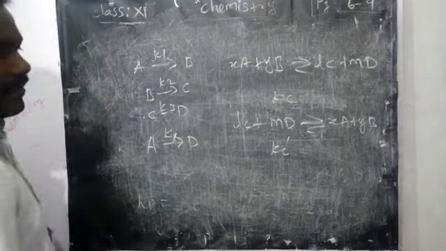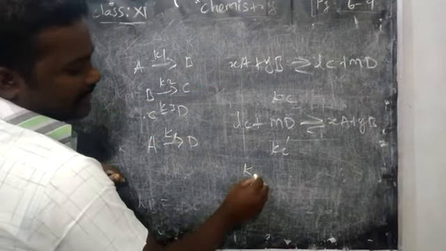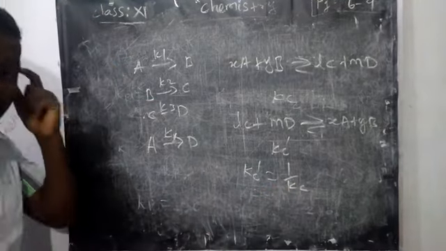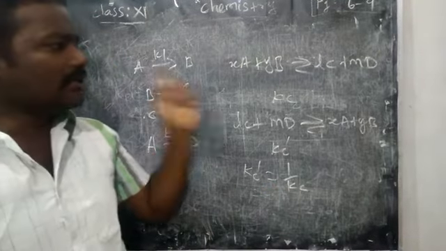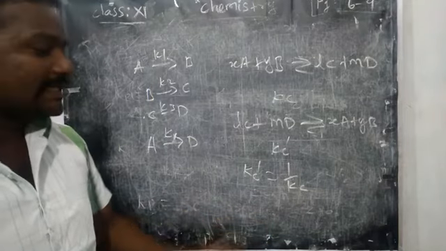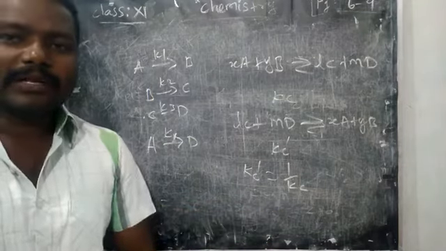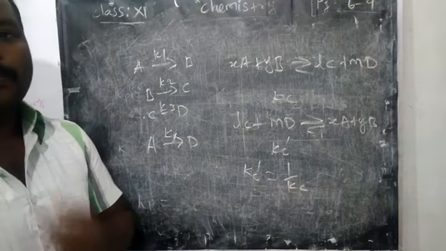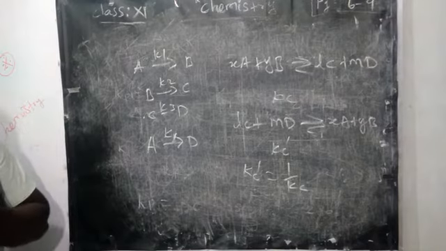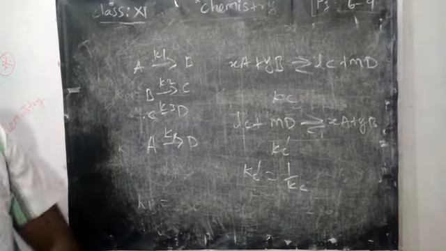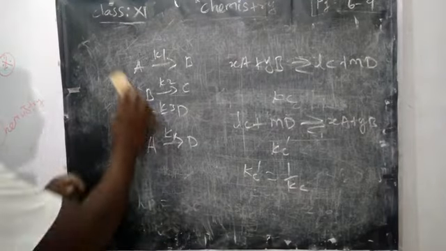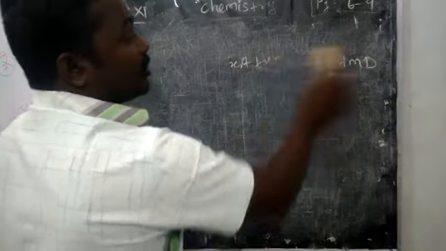What is the relation between them? Kc dash is equal to 1 by Kc. Very important. The same reaction, forward Kc means for the reverse reaction Kc dash. Kc dash is inversely proportional to Kc. Right? Okay.